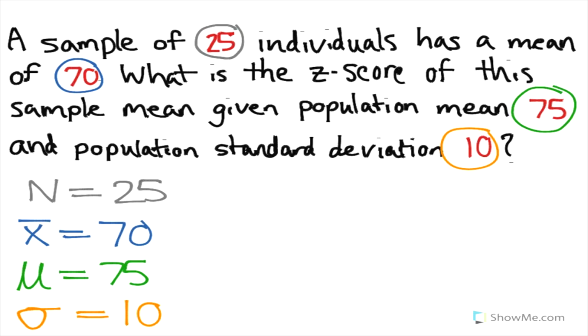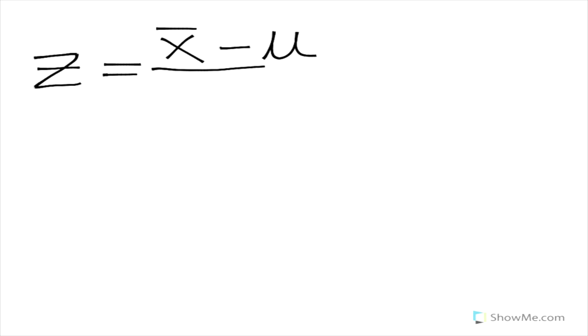Now, if we go to our formula for z-score of a sample mean, we do x bar minus mu divided by the standard error, which, remember, simplifies out to sigma divided by square root of n.